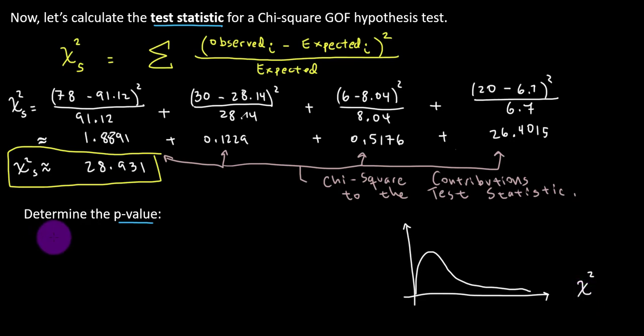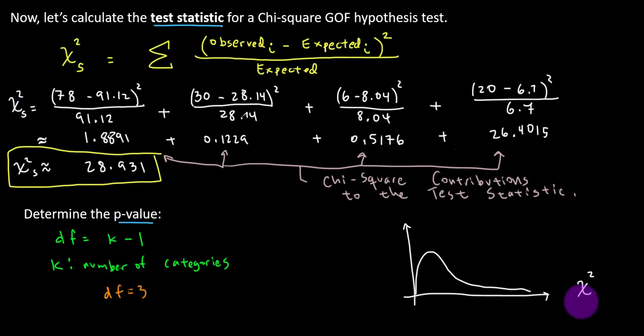Well, for a chi-square test, the degrees of freedom is not n minus 1, it's k minus 1, where k is the number of categories. In this case, because there were 4 habitat types, 1, 2, 3, 4, our degrees of freedom is going to be 3.